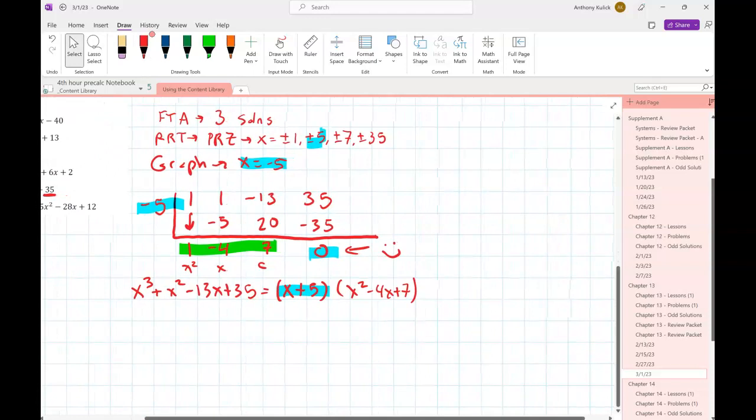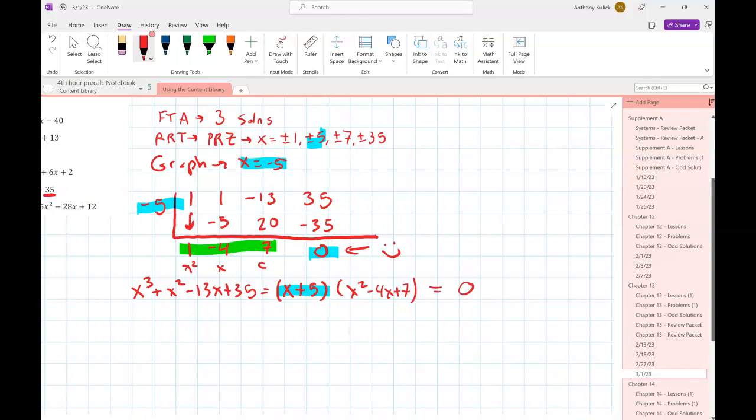So far, so good. Now, this all has to equal 0 if I'm looking for zeros. That's great, because if I apply the zero product property, each of these two is solvable because I have a linear equation. That was easy. And then I have this quadratic equation.